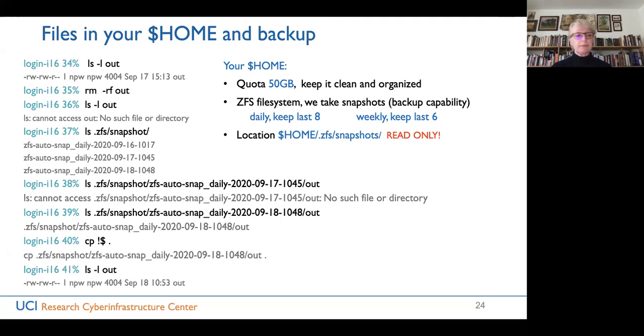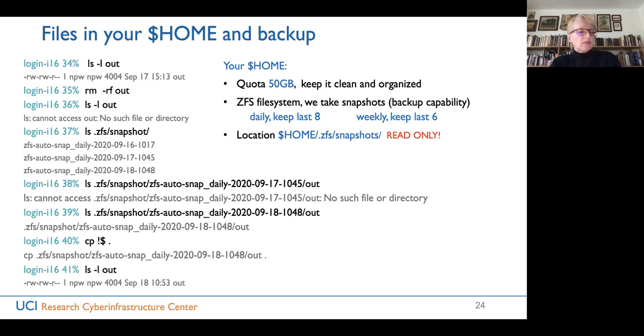First of all, I have a file that was created on September 17. It's called out. I check its timestamp and then I remove it, and make sure that it is not there. Then I check my ZFS snapshots directory to see what snapshots are available. The snapshots are named according to the date and approximate hour when they were taken.